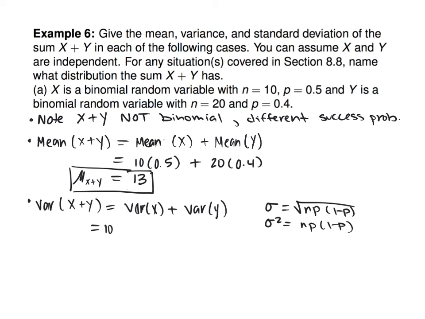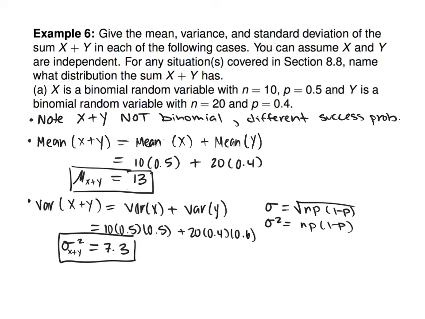So that's 10 times 0.5 times 0.5 plus 20 times 0.4 times 0.6. That comes out to be 7.3. So that's sigma sub x plus y squared. The squared things mean you have the variance. And then the last thing, the standard deviation, is just the square root of the variance. So sigma sub x plus y is root 7.3, which comes out to be about 2.7.